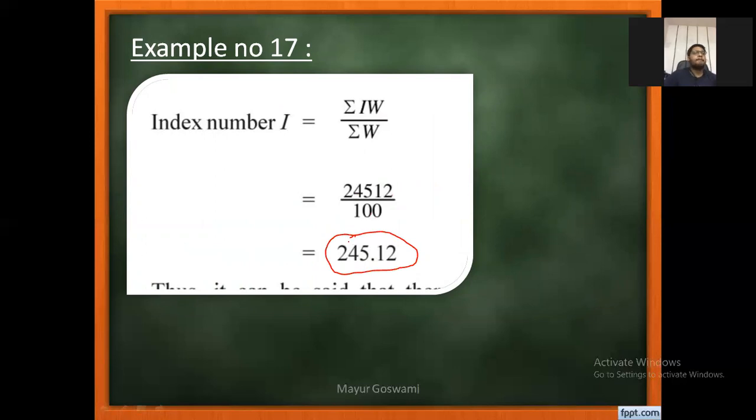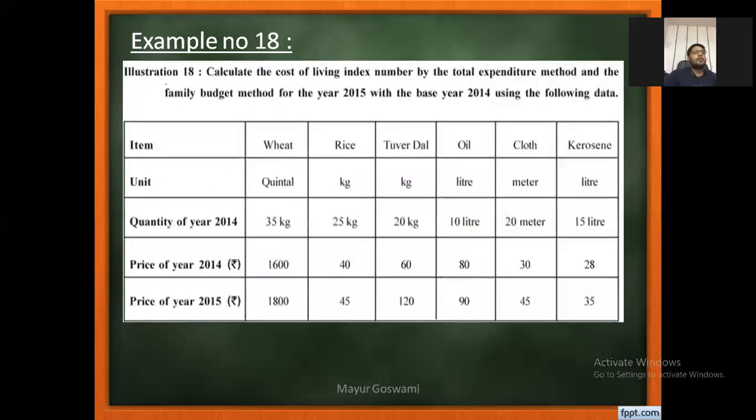Okay. Next, illustration number 18. Calculate the cost of living index number by total expenditure method and family budget method. So here you have to find the cost of living index number using both methods, total expenditure as well as family budget method, for the year 2015 with the base year 2014, using the following data.